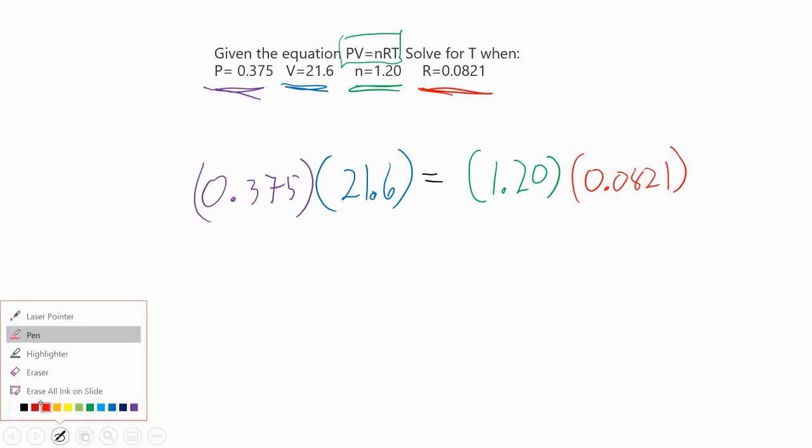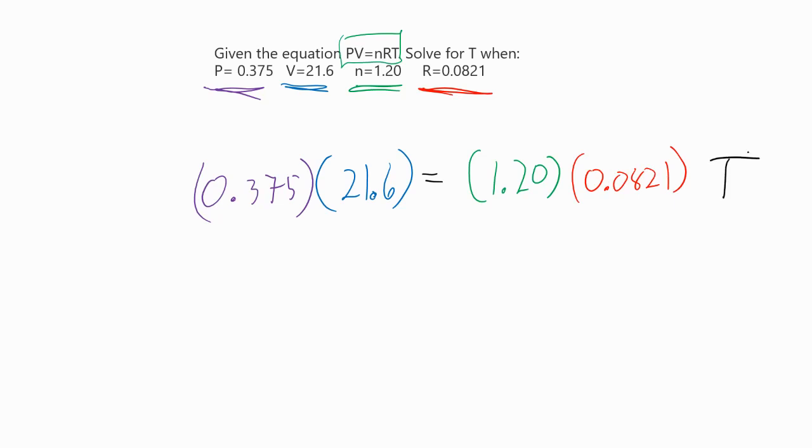So the thing we're looking for is the T, right? And that's the one we don't know. So we just substitute those numbers for every letter, and we'll be doing that a fair amount this year. And then you just multiply. So 0.375 times 21.6 is 8.1. So on this side, we have 8.1.